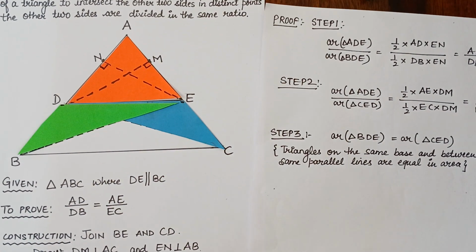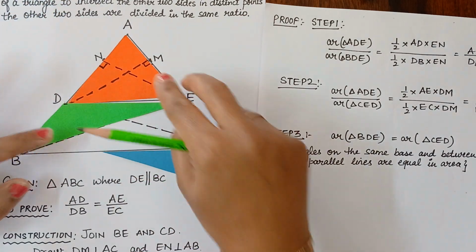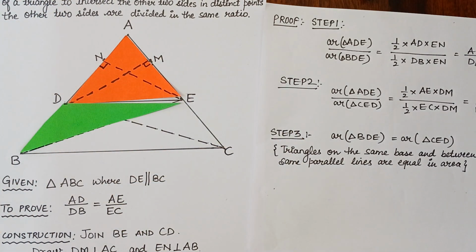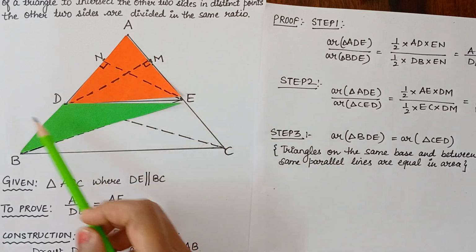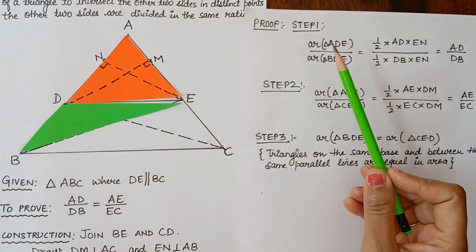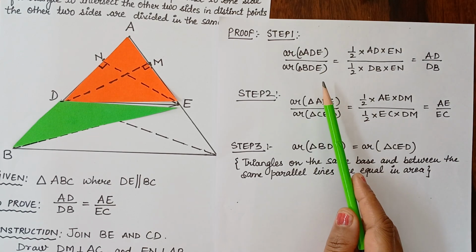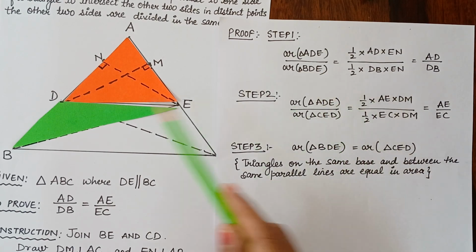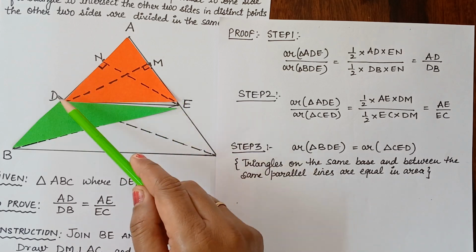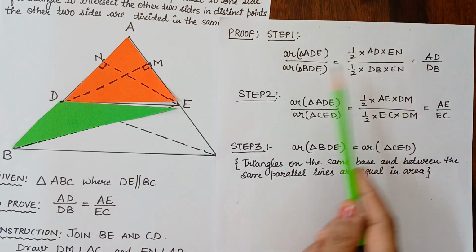The first step is we need to look into the triangles, this orange one and this green one, which is triangle ADE and triangle BDE. Now area of triangle ADE, we already know that area is half into base into height. So for ADE, AD is the base and to this base perpendicular is EN.